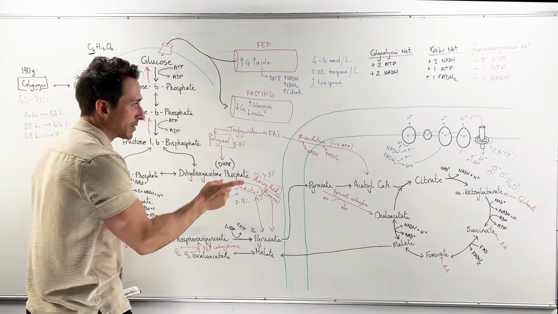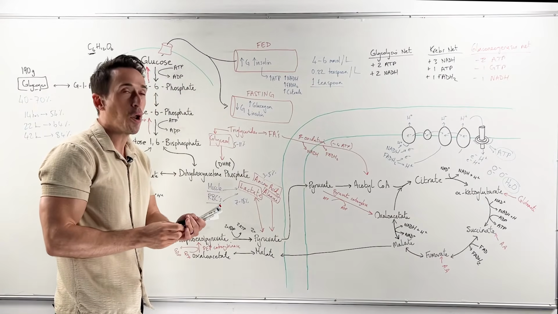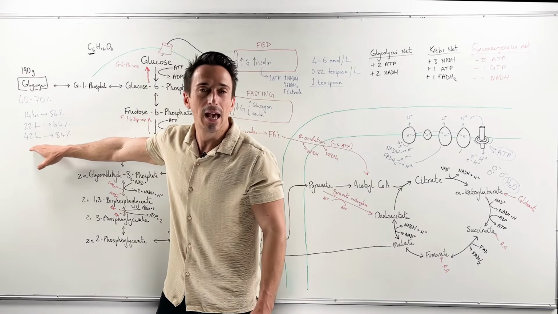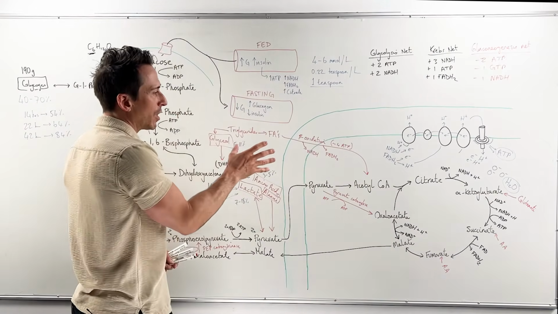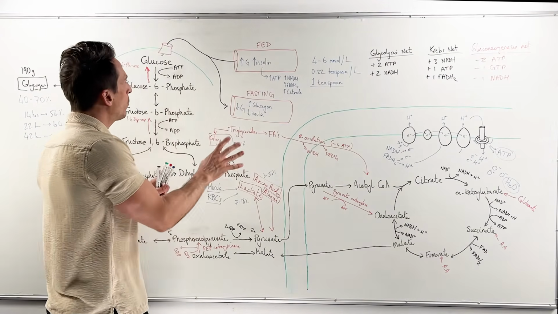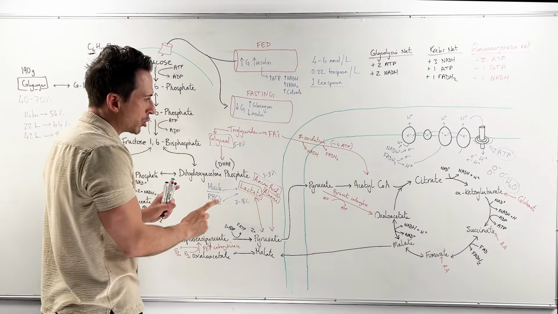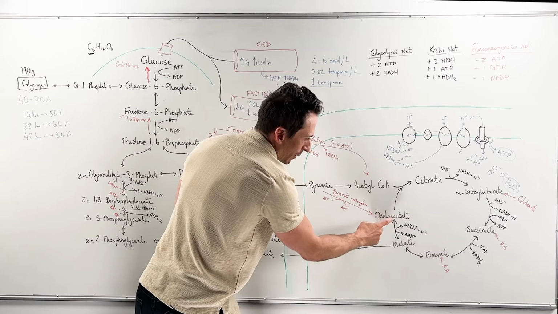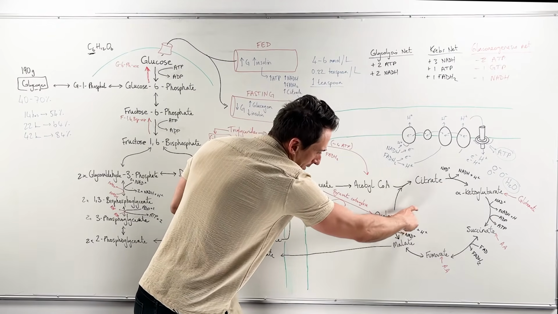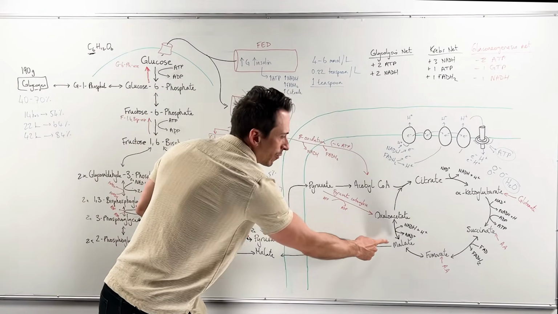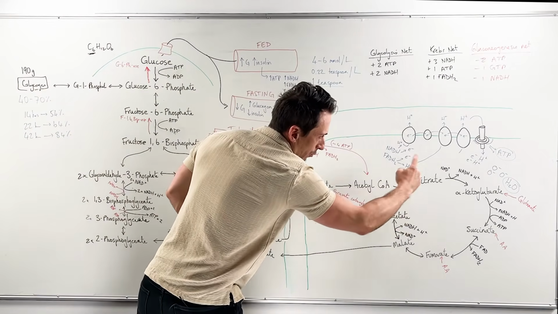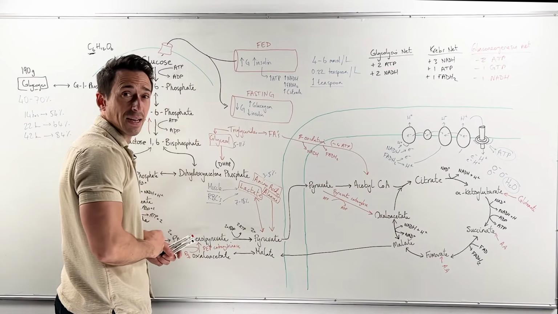Hopefully that makes sense. But let's think even more long term, right? We're going 48 hours and above. Think about this. If we want to make glucose, and ultimately we're doing it by turning pyruvate into oxaloacetate, but oxaloacetate is getting dragged out of here, right, in the form of malate. So to create glucose, think about the Krebs cycle. We're pulling oxaloacetate out.